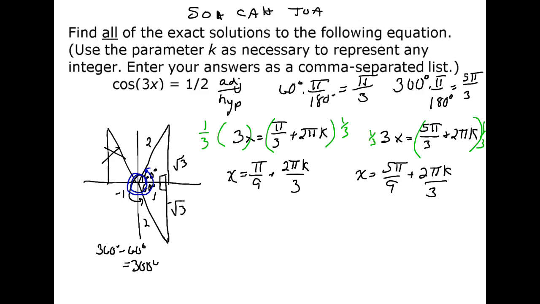So this is an infinite number of answers, and now we're supposed to just find the answers that lie between 0 and 2 pi. So let's go ahead and do that on the next page.